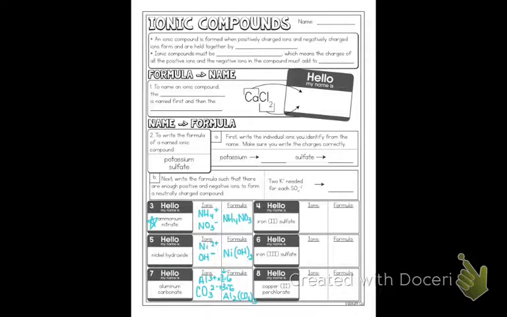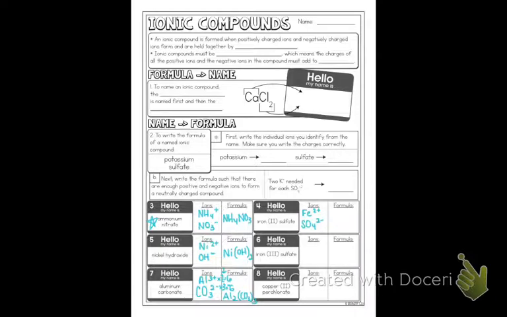Let's take a look at number 4. 4 is iron 2 sulfate. Now you can see here I have some transition metals. So iron 2 means I have an iron ion with a plus 2 charge, and sulfate is SO4, that's a polyatomic with a minus 2 charge.